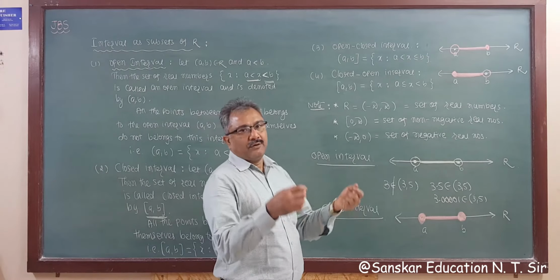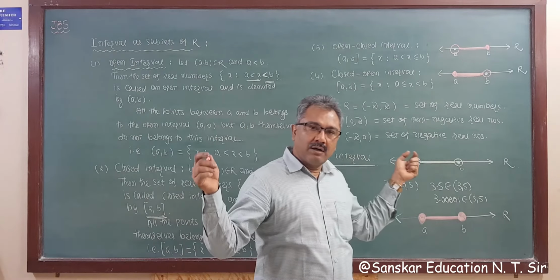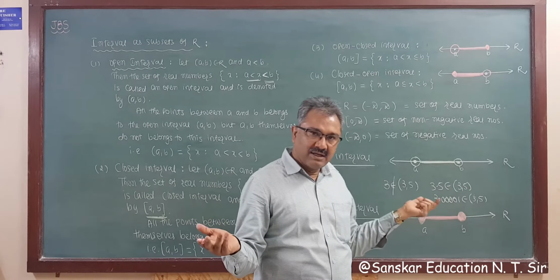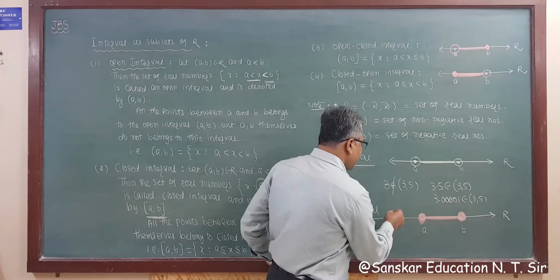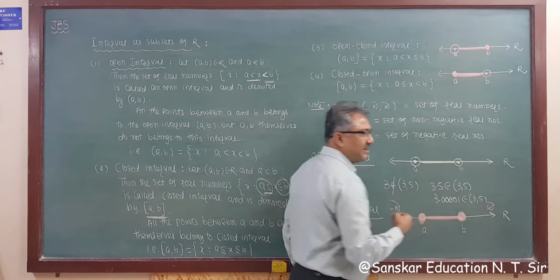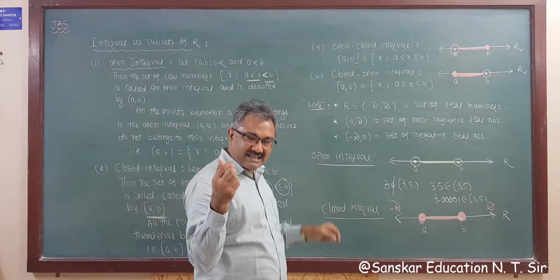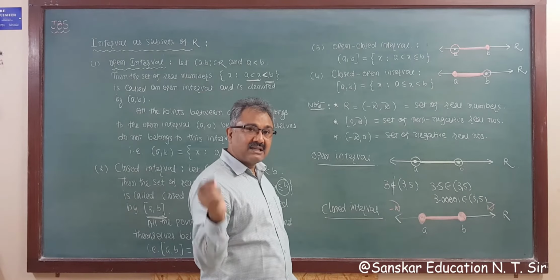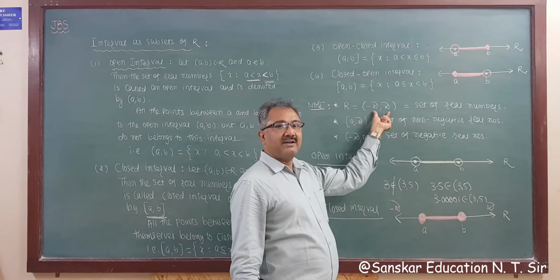Now we know the set R. R means all real numbers. All real numbers means this whole line, up to minus infinity on this side and plus infinity on this side. So the set of real numbers R is also represented by the interval (minus infinity, plus infinity).